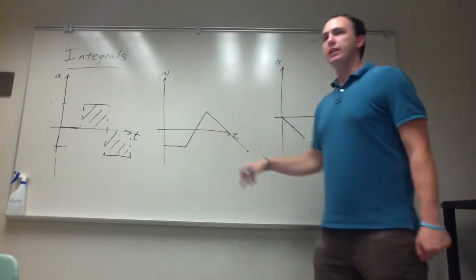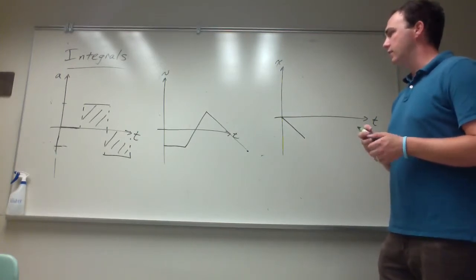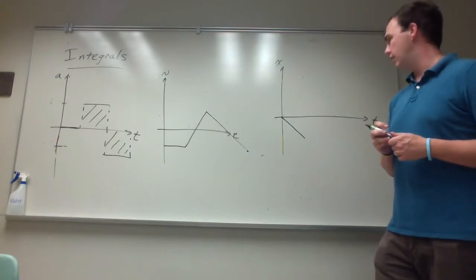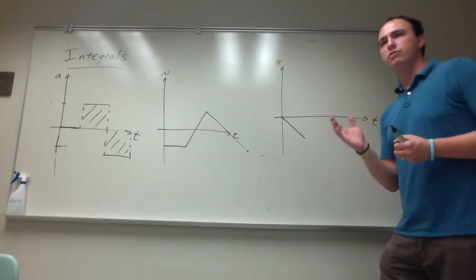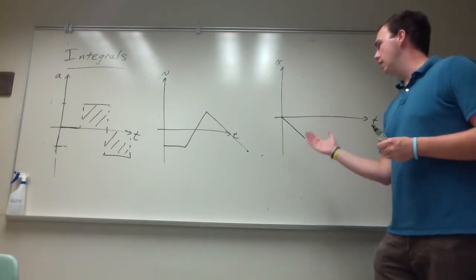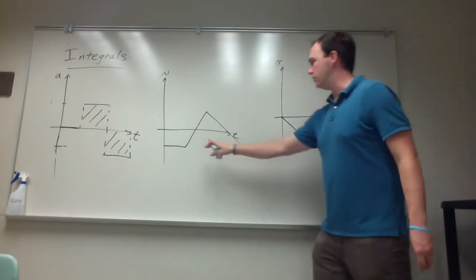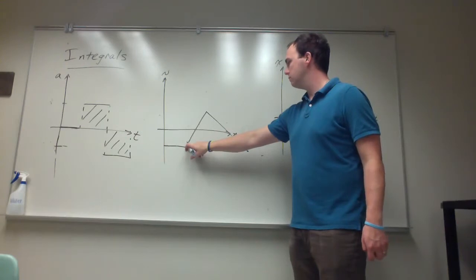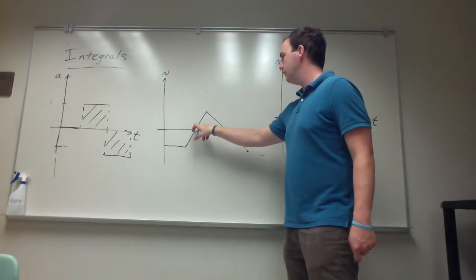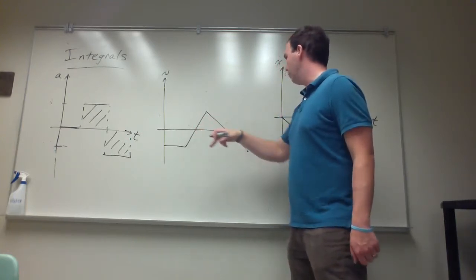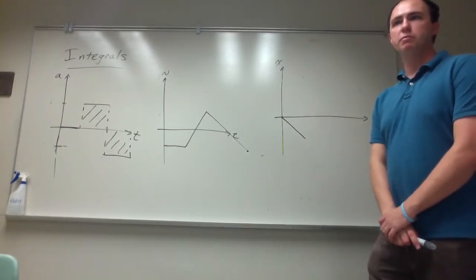And now we reach a section with a velocity that's linearly increasing. So what sort of shape should we have? Quadratic. Right, so it should be quadratic, and it should be concave up. Where's the minimum of the position?